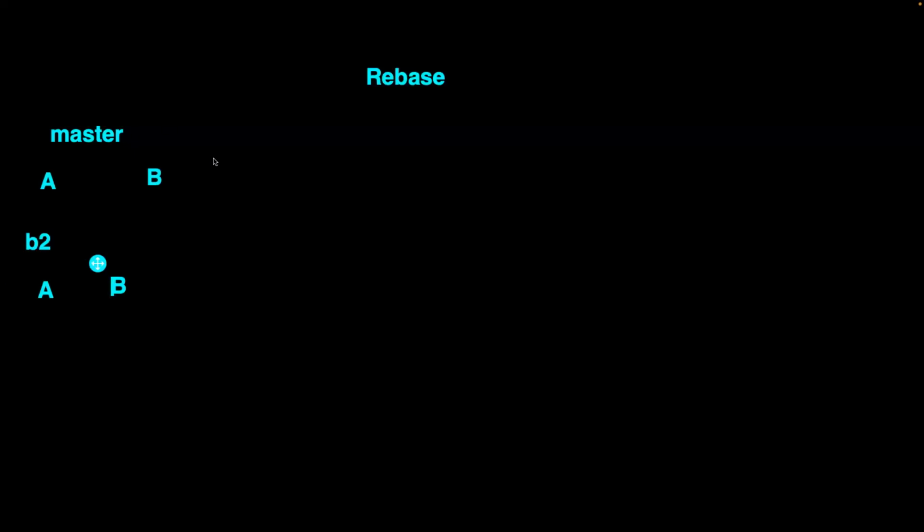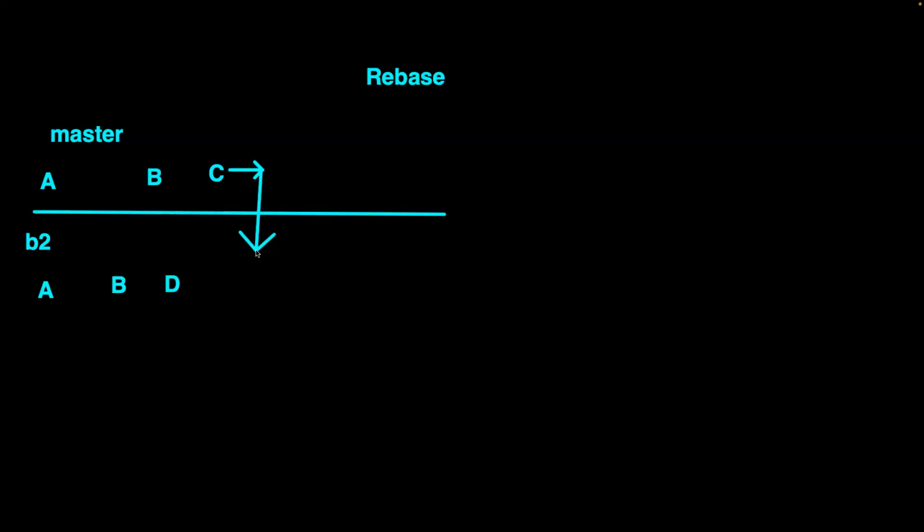After creating the branches, parallel development started, and commits are happening in parallel. There is a commit on master, and then there is some commit on the B2 branch. After some time, we want to get some changes from master to B2.